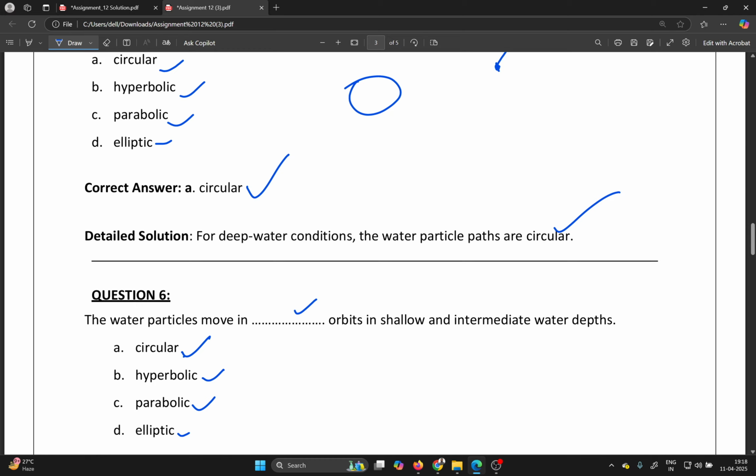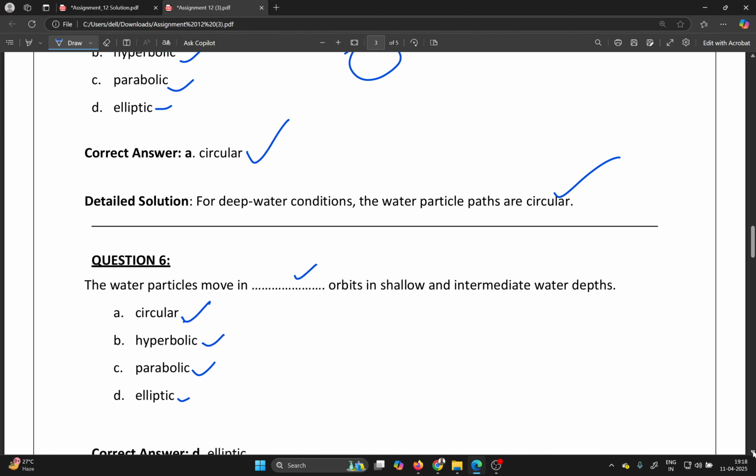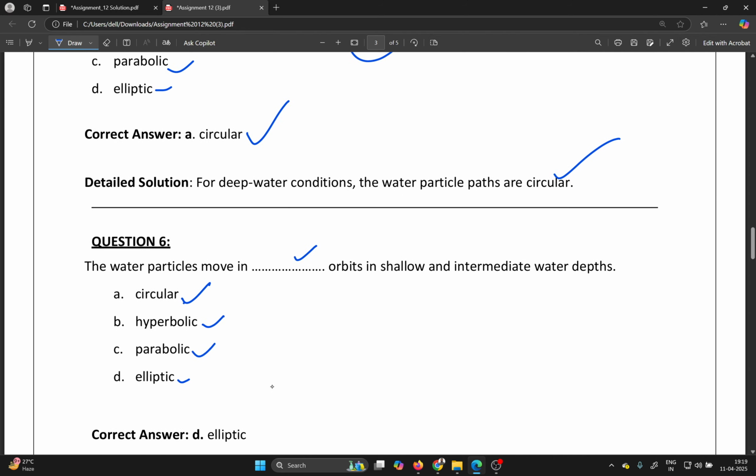Okay, let me show you the answer for question number 6. Yes, the option will be elliptic.